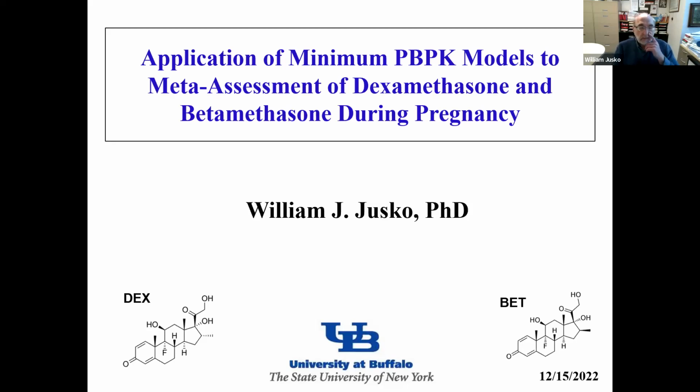It's an epimer, almost identical in structure to dexamethasone, but it's primarily used in racehorses. But as I'll talk about today, it's used during pregnancy when there is the threat of a premature delivery. It's used to induce surfactant to prevent respiratory distress syndrome in the babies after they're born.